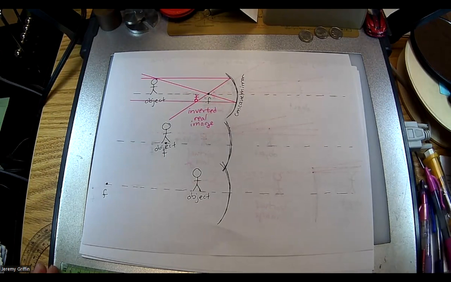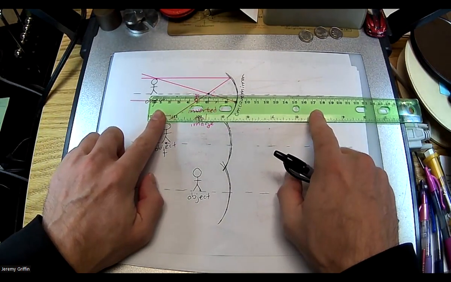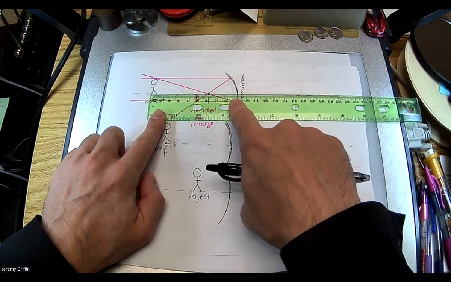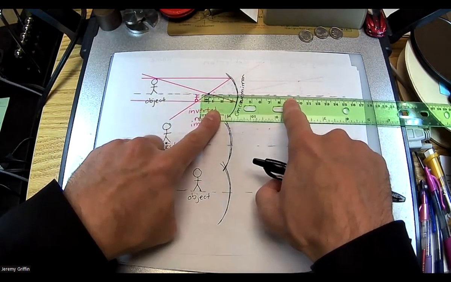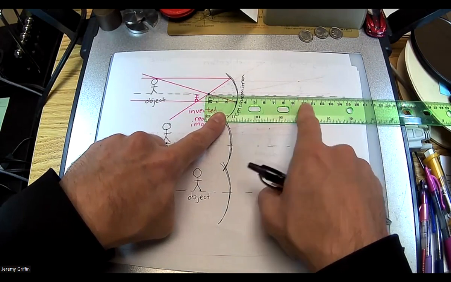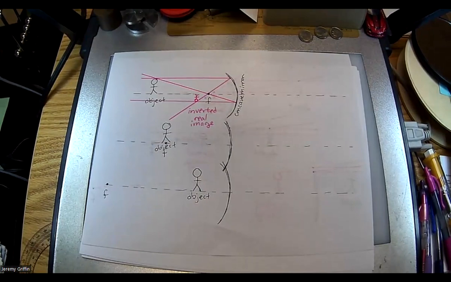I see some of you guys still working on that. Let me try out the math. So my object is 9.0 centimeters away. The focal distance is 3.0 centimeters. Okay, so let's try the math with that.